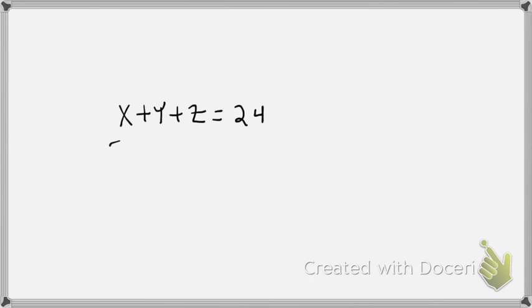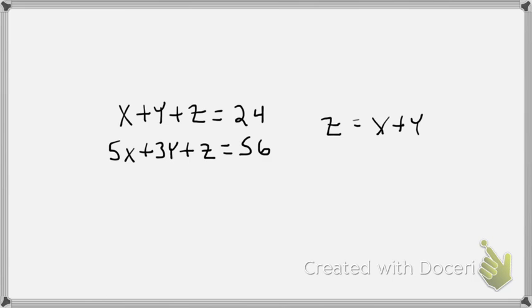And I know that 5 times the number of first place finishers plus 3 times the number of second place finishers plus 1 times the number of third place finishers gave me my total points earned on the meet, which was 56. Now recall that the third equation was that the third place finishers equaled the sum of the first and second place finishers.